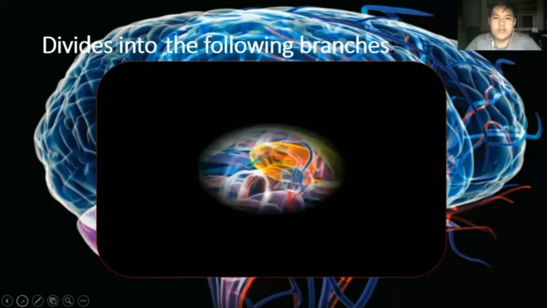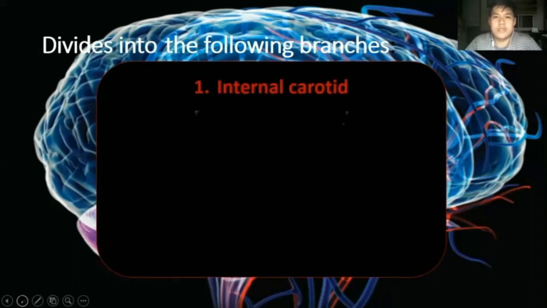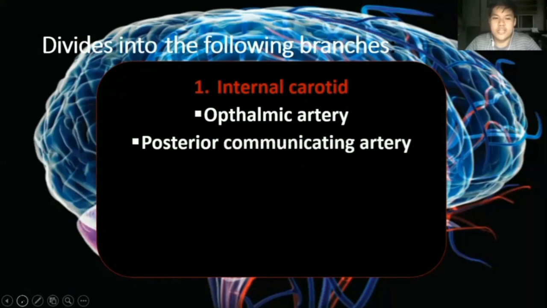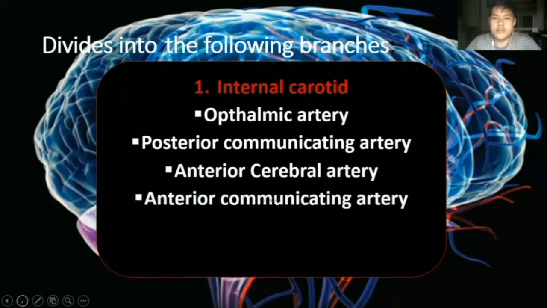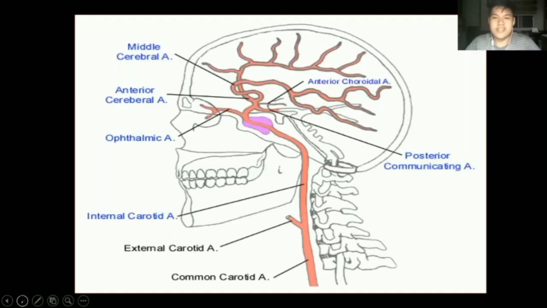So let us recall: the ophthalmic artery, the posterior communicating artery, the anterior cerebral artery, the anterior communicating artery, and lastly, the middle cerebral artery. This is the picture of the arterial supply of the internal carotid artery.